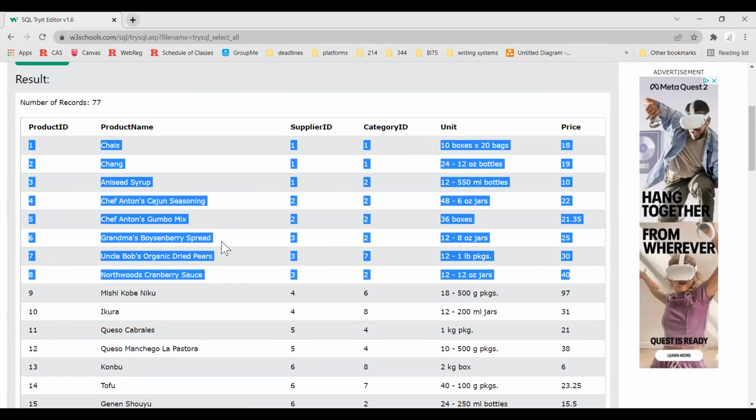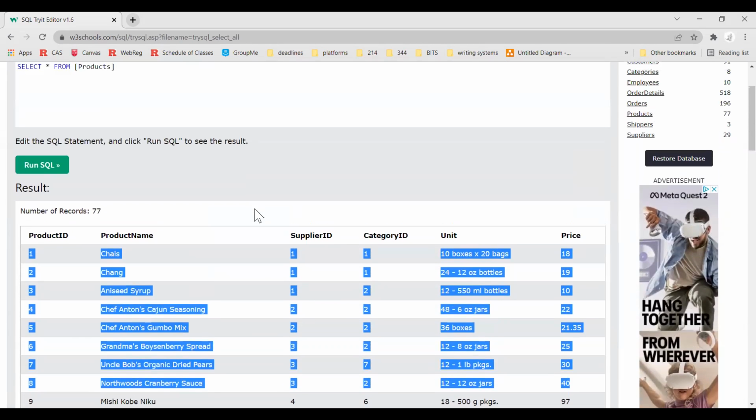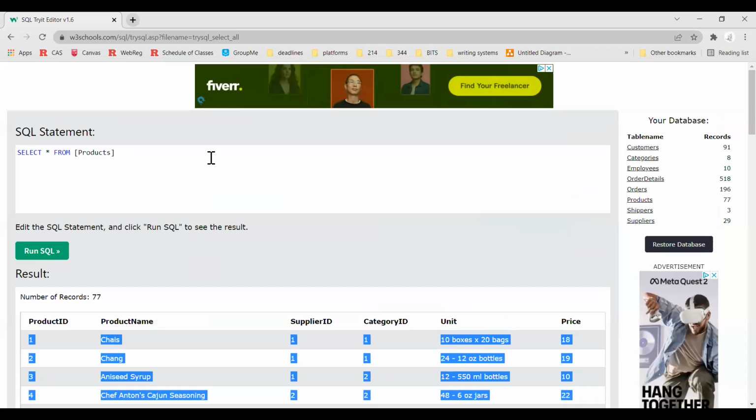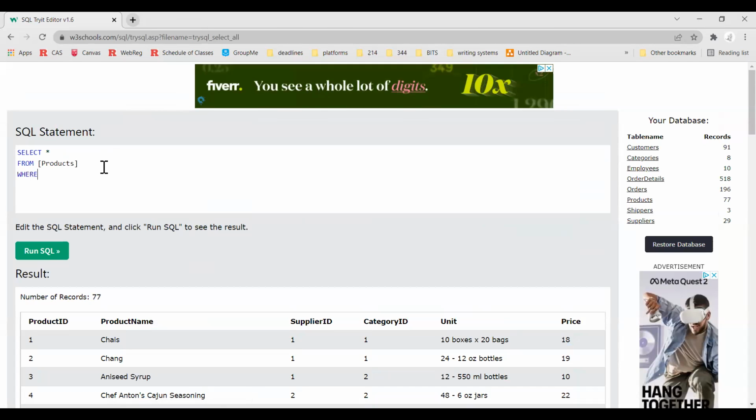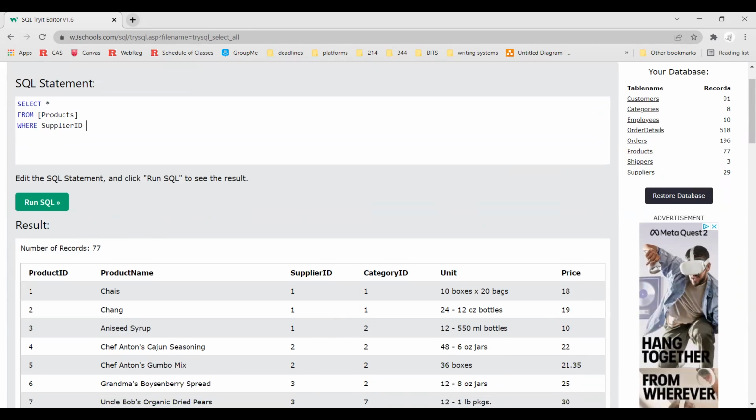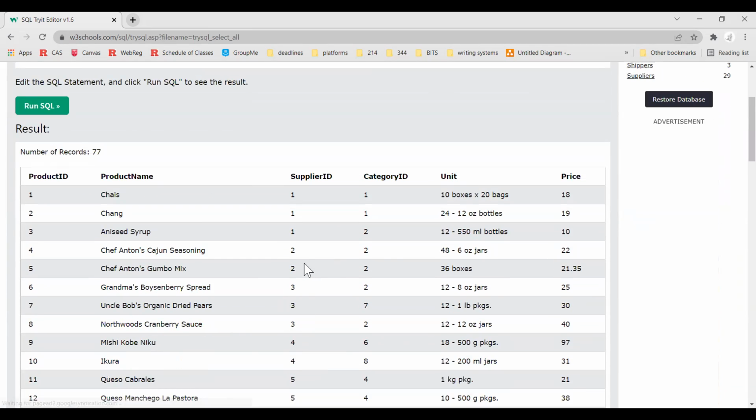How might we do that? Well, we already had the where from before, right? And what are we looking at here? It's supplier ID. So in this case, supplier ID can be 1, 2, or 3.